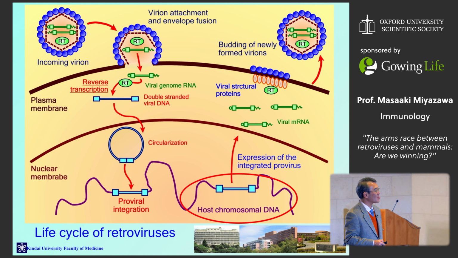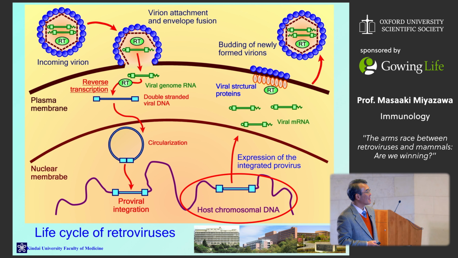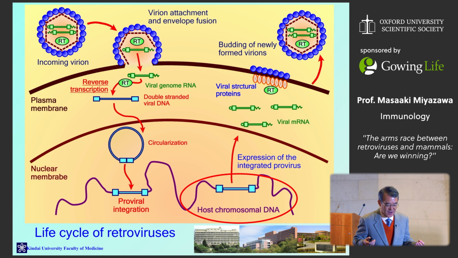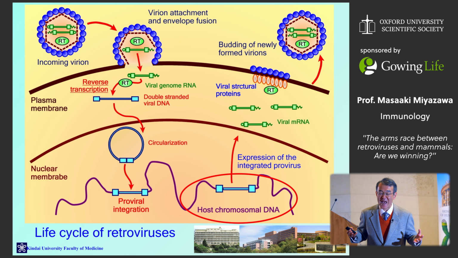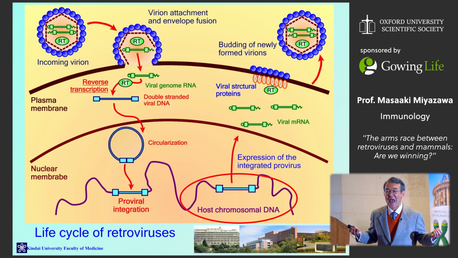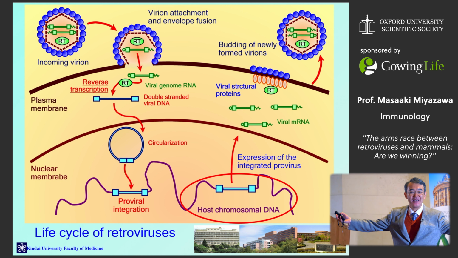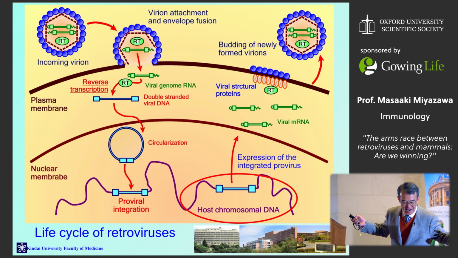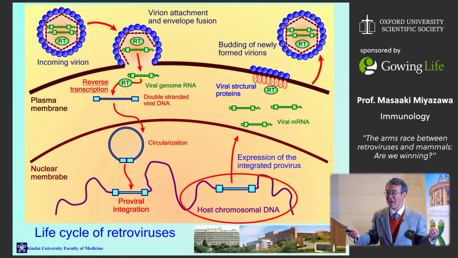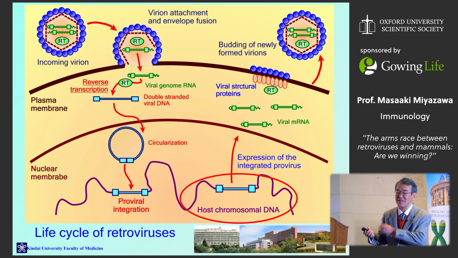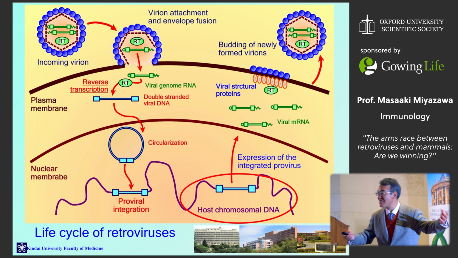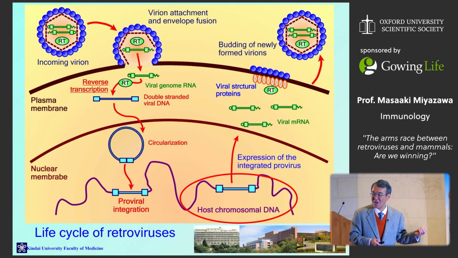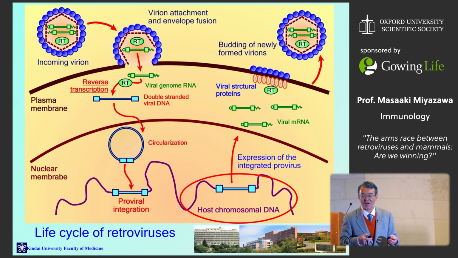So it's called endogenous retroviruses. In the history of mammalian evolution, we have been attacked by incoming retroviruses many, many times. And during millions of years, we have experienced repeated waves of retroviral attacks several times. That caused the presence of endogenous retroviruses throughout our genome.